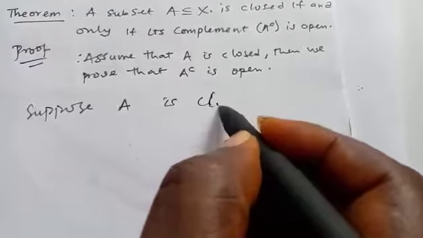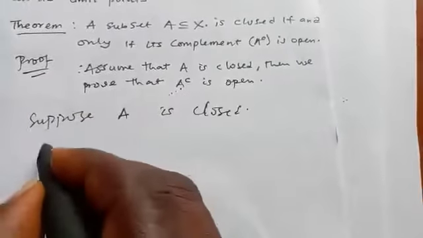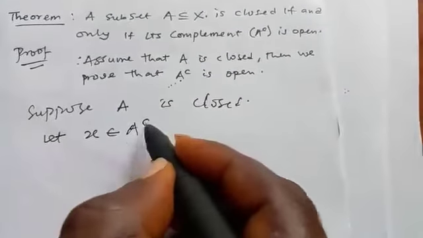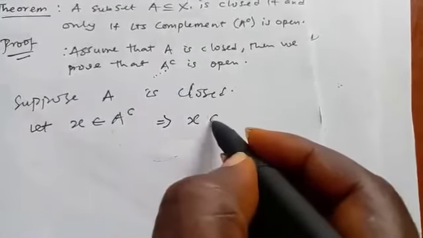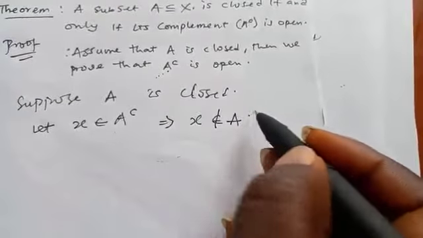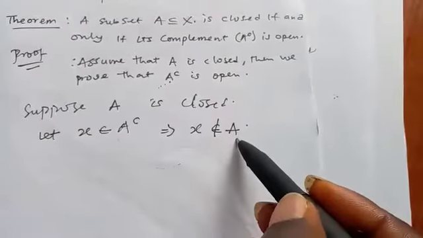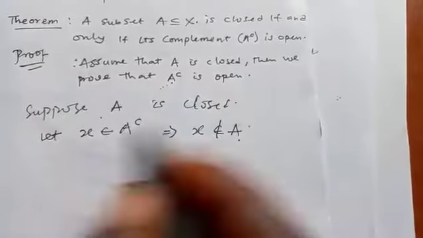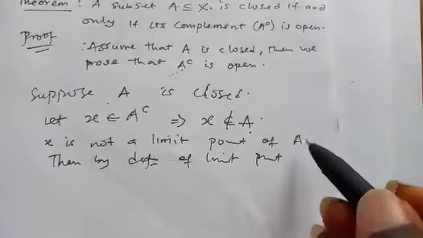We want to show that A complement is open. Let us pick an element X belonging to A complement. By set theory, this simply means that X does not belong to A. But remember that A is closed. So if X does not belong to A, that simply means X is not a limit point of A.